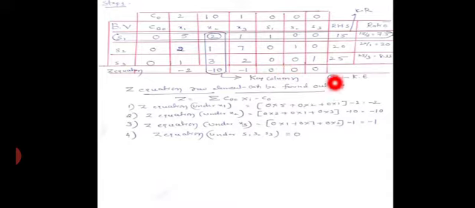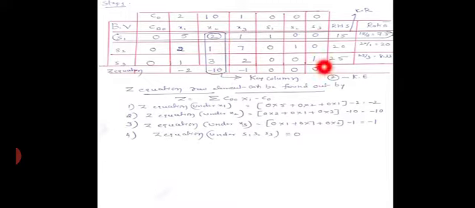First thing is, after calculation of the Z equation, if you get all the values positive, you need to stop the solution. Otherwise, if you got negative signs, then the negative with the maximum value, that value you need to take. That corresponding column is called the key column.